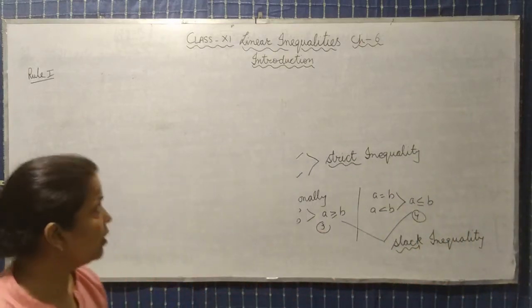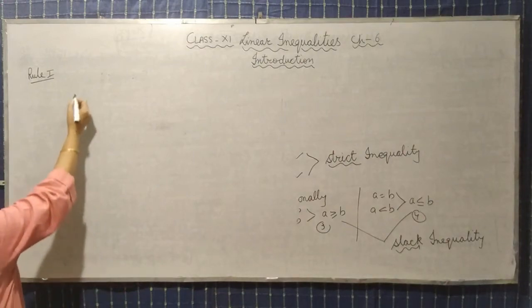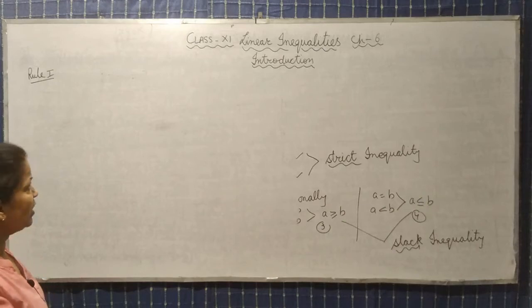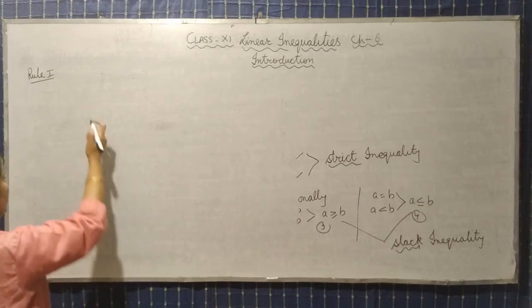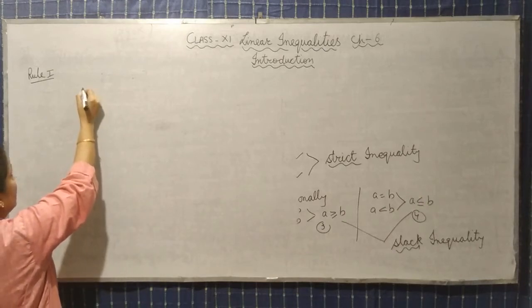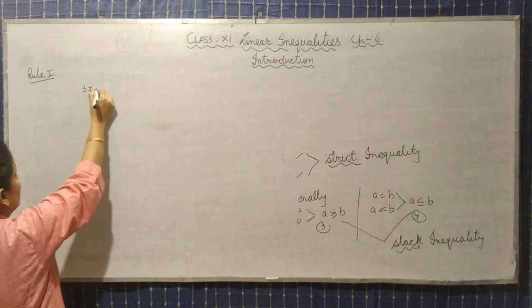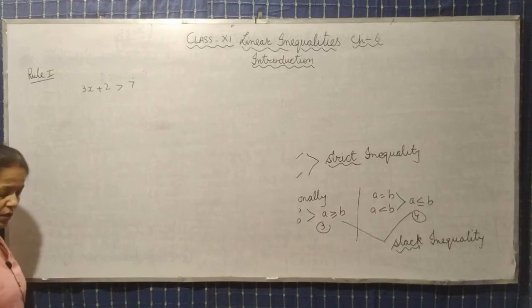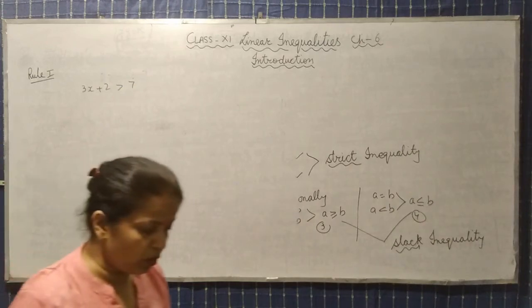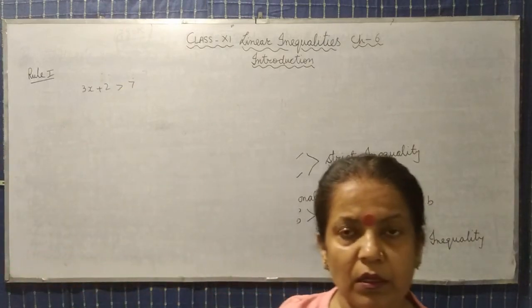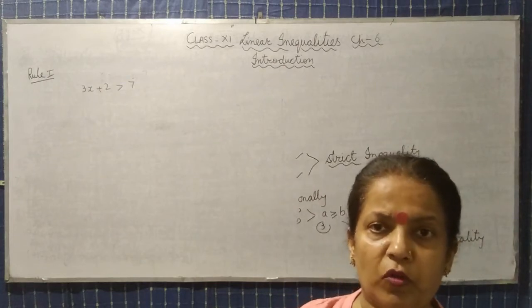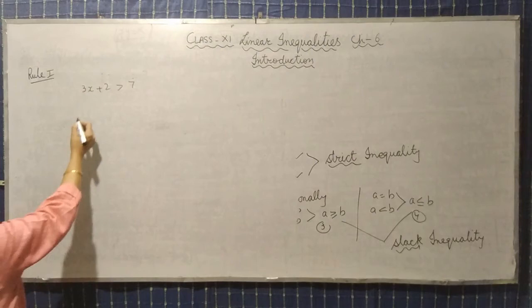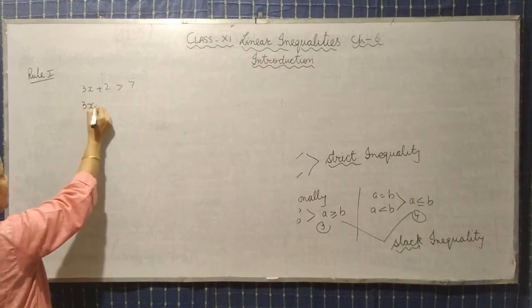What I have told? Rule 1: if the same number is added on both sides of a linear inequality. Suppose that this is the example, like this, and according to rule 1, the same number is added on both sides, then there will be no effect.